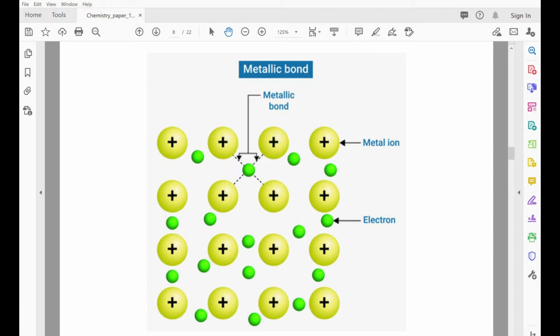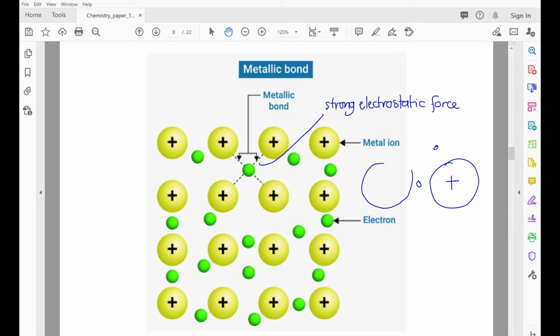Now, melting point of metal. In metallic bonding, positive metal ions are surrounded by the sea of electrons, and there is a strong electrostatic force between the cation and the electrons. Now imagine we have a larger cation attracted to the sea of electrons.